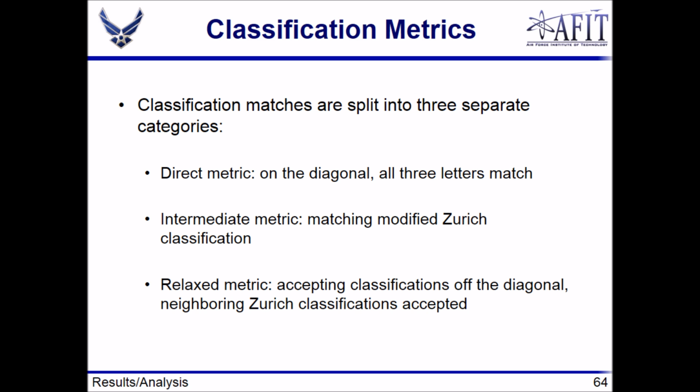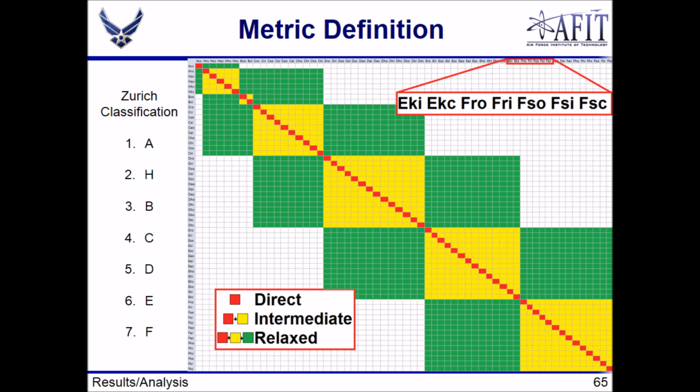The intermediate metric, the next one, matches all the modified Zurich classifications, which is still kind of on a diagonal, and then the relaxed metric accepts classifications that are slightly off the diagonal, but in neighboring Zurich classifications. Here's a depiction on slide 65 of the metric that I'm talking about.